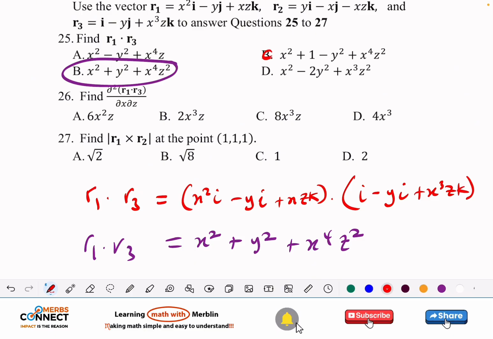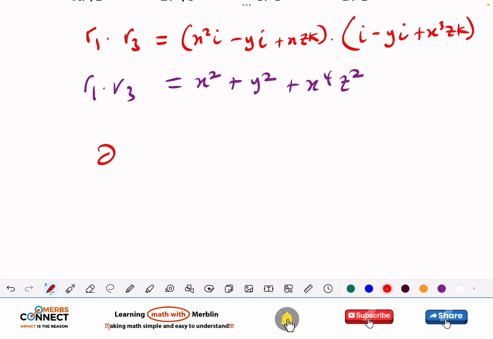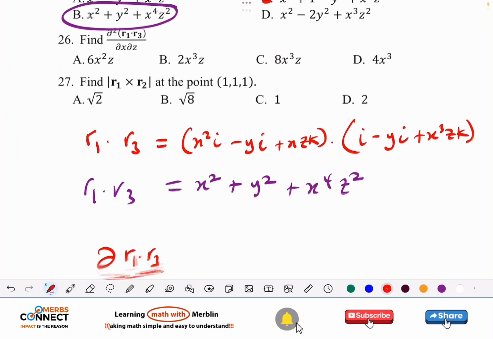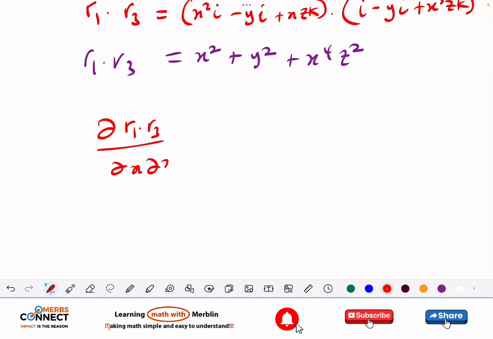Good. Now we need to find the partial derivative of r1 dot r3 with respect to x and z. So don't forget, this one will go from this to this.